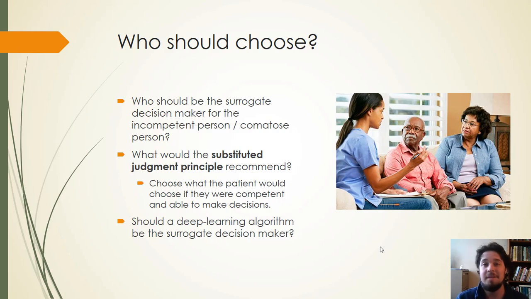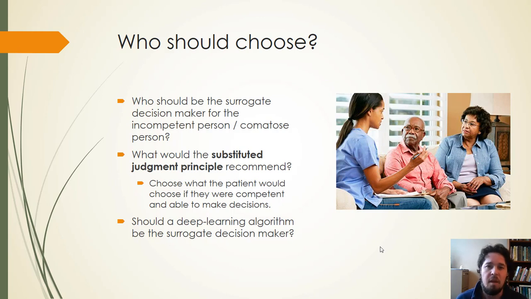But often they don't have an advance directive, and then it's up in the air who should decide. Usually a surrogate decides on their behalf, and often the surrogate is somebody who's close, a family member or somebody like that, and that's important because you want to find somebody who really knows the patient and can make a good judgment on what the patient themselves would want in that situation if they were awake and competent.